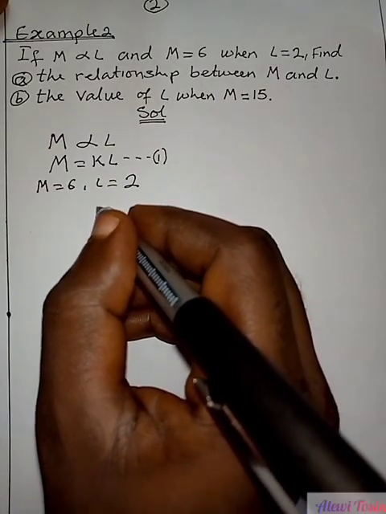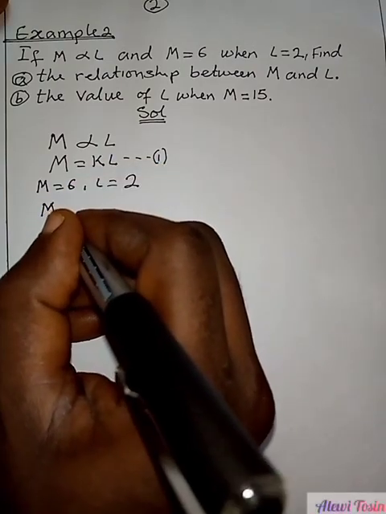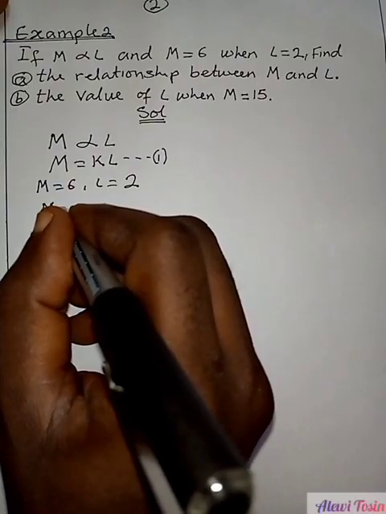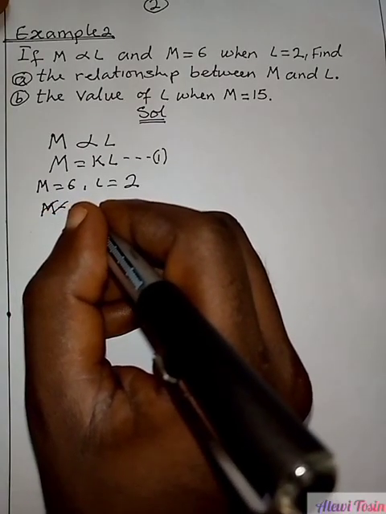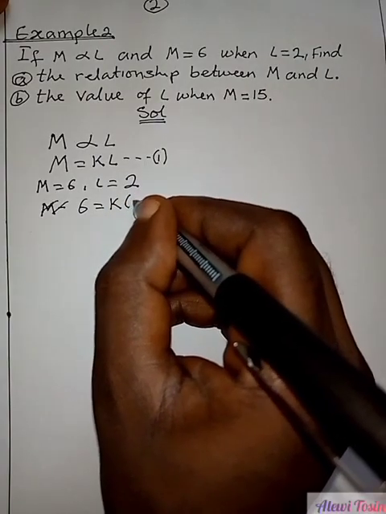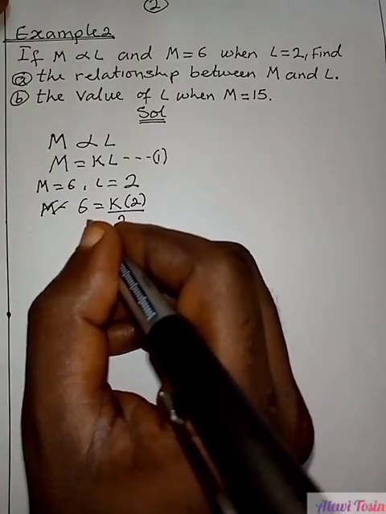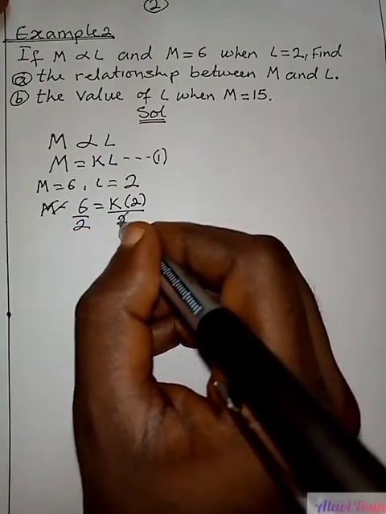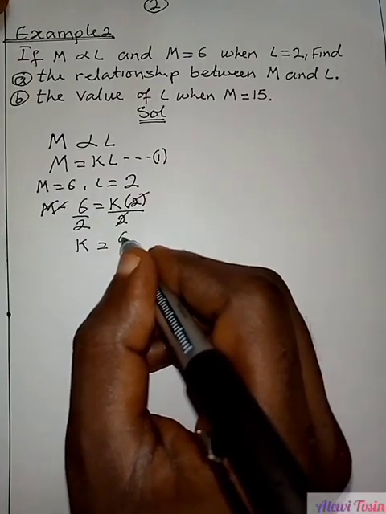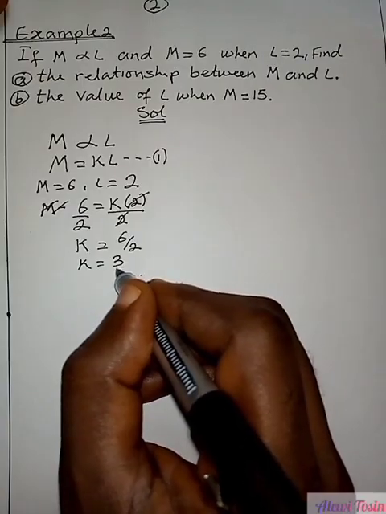Okay, so which means we can solve for M equals 6 in equation 1, and L equals 2. Divide through by 2. This cancels this. So you can see that our K equals 6 over 2. Our K equals 3.